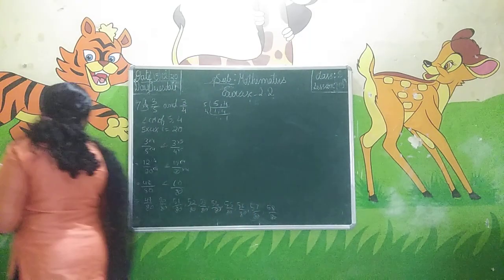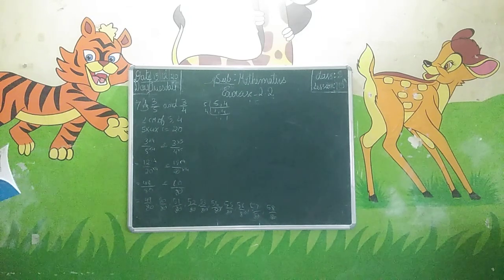These are the 10 rational numbers between 48 by 80 and 60 by 80.